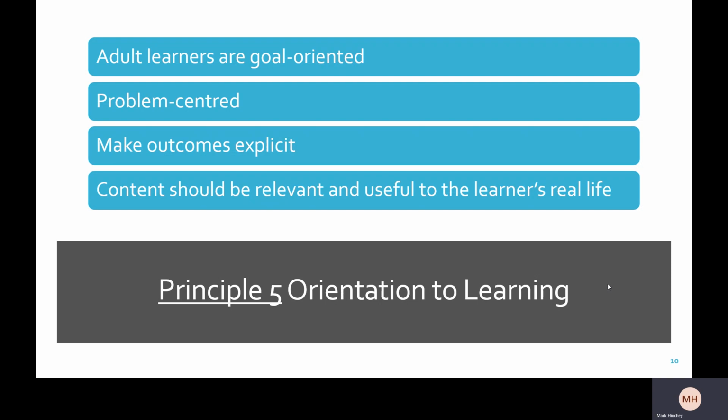So when we look at orientation to learning, adults are goal-orientated, problem-centered. They want you to make outcomes explicit, really explicit. That's why our students will go to the library manager and say, is this really how I reference? I really want to get an A+. It's down to a very fine line for adult learners.